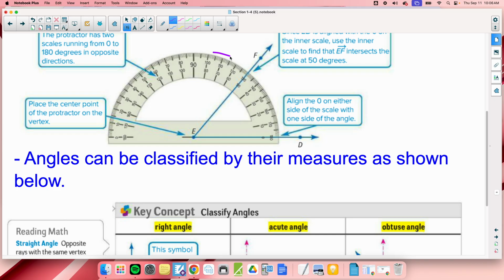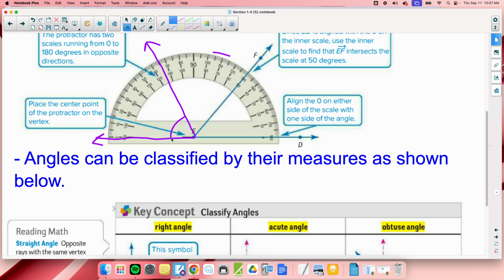If my angle is this way, okay, then I use the small numbers. If my angle were this way and I wanted this, then I would use the small numbers there, because I know that this angle is less than 90 degrees, because 90 would be straight up.